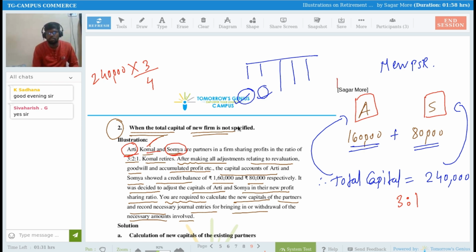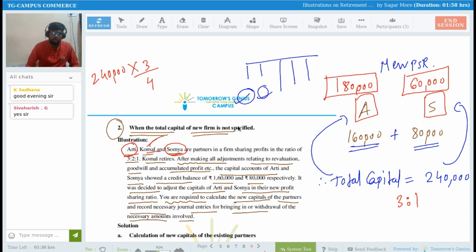And 60,000 will be the other answer. Right, Shivarish? 1,80,000 and 60,000 only, not 1,60,000. 1,80,000 and 60,000 will be the final capital balances.